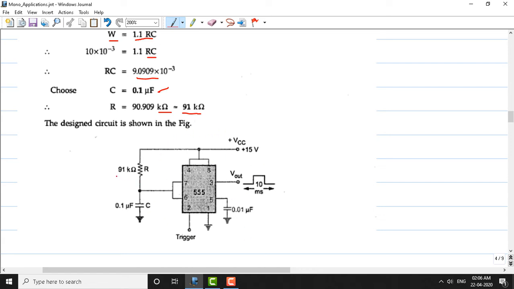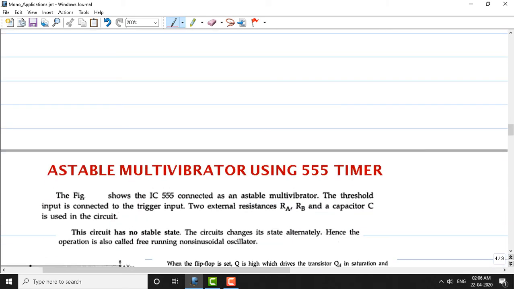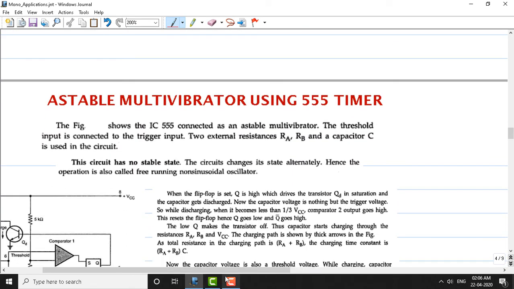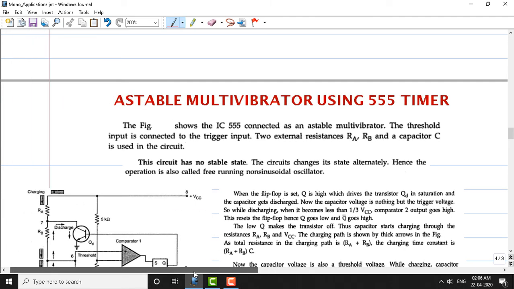So we have a designed resistance of 91 kilo ohm and a capacitor value of 0.1 microfarad. This generates a pulse of about 10 milliseconds. To generate a pulse width of 10 milliseconds, these two components are very important.